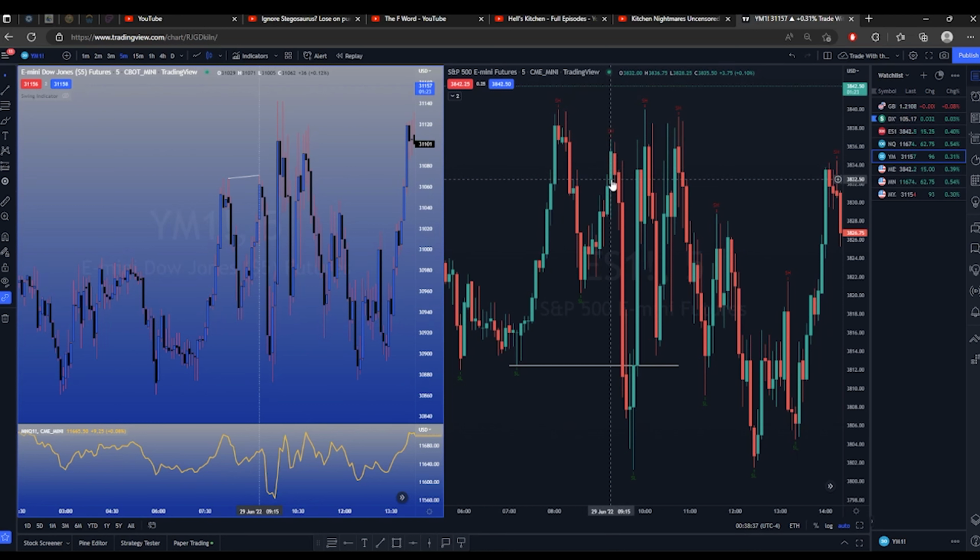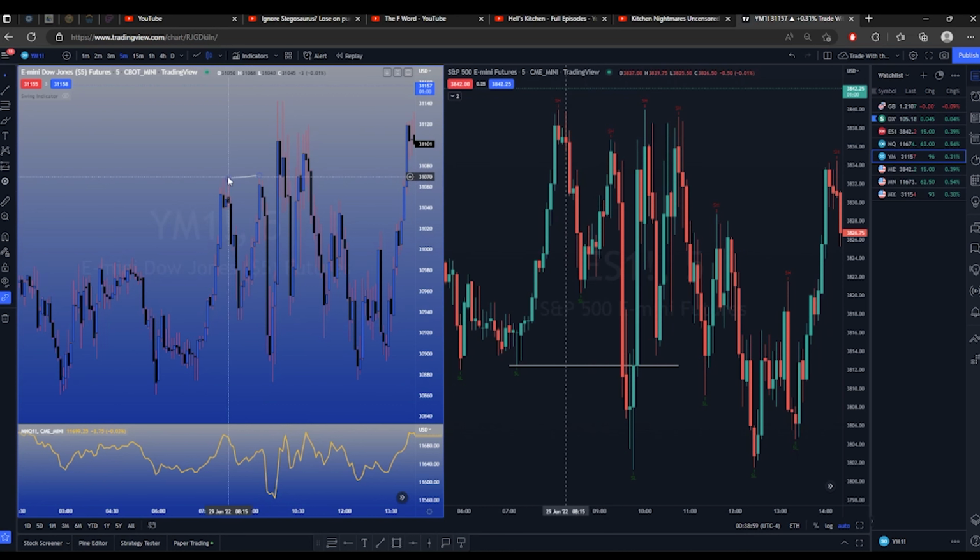But if you look at the Dow, you can see that it has broken its high right here. That means it made a higher high, which shows that it's stop hunting. So this indice is showing its weakness.